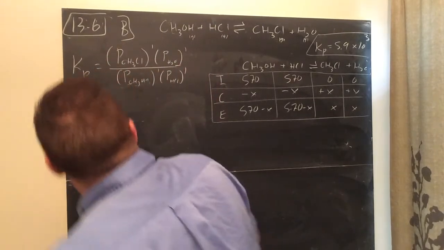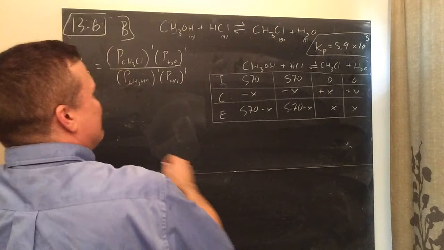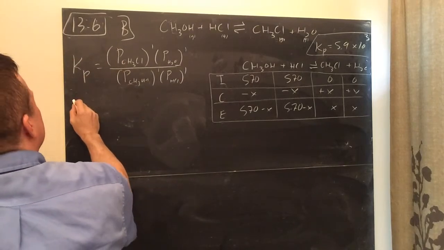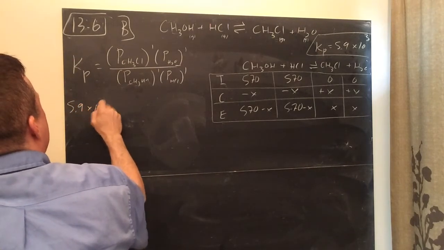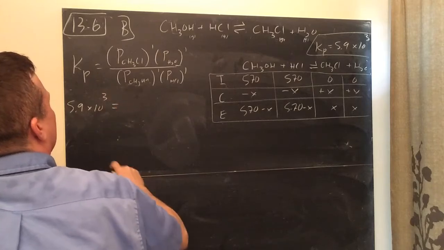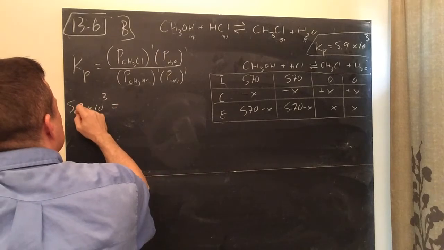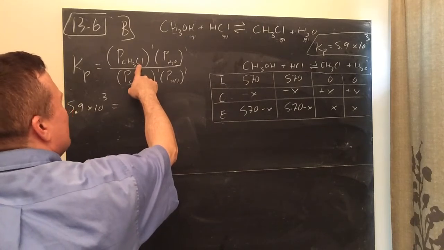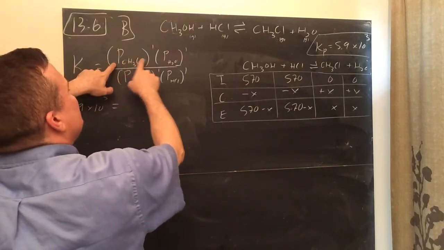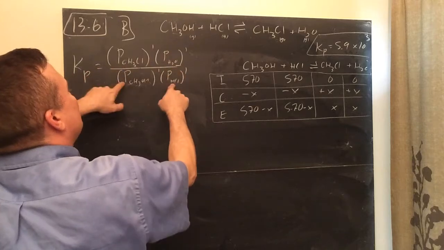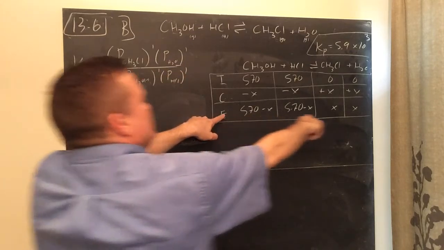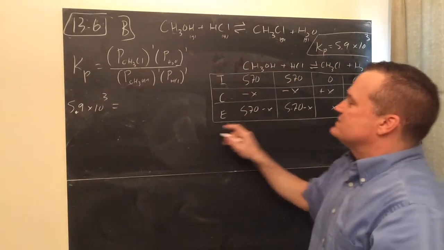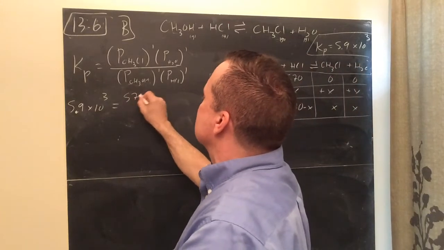Then, you're ready to do the math. Now, for the math, we're going to come over here and we're going to put our Kp value, 5.9 times 10 to the third. I'm thinking that number might have been incorrect in one of these. I can remember, but I don't know which one. It'll pop up somewhere. For CH3Cl, now you're going to plug in. Remember, these all mean at equilibrium. So equilibrium is down here. At equilibrium, my CH3Cl is 570 minus x.